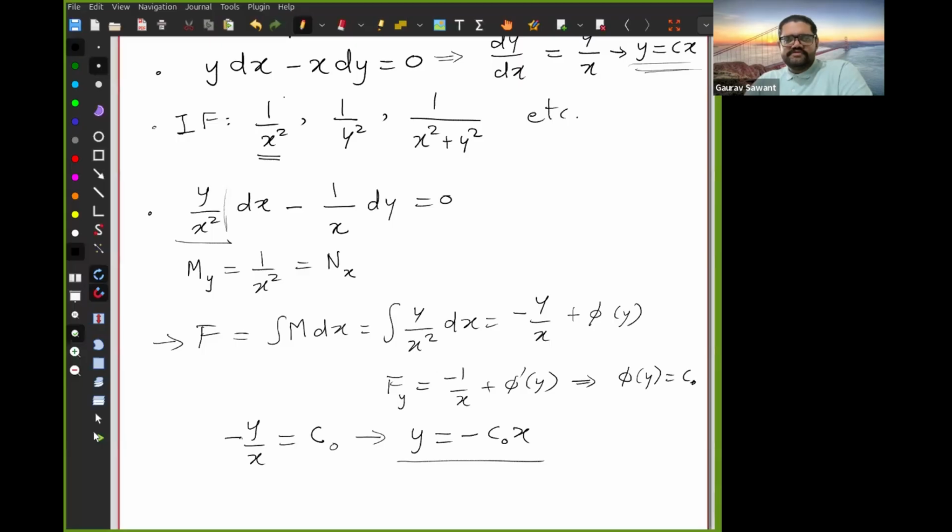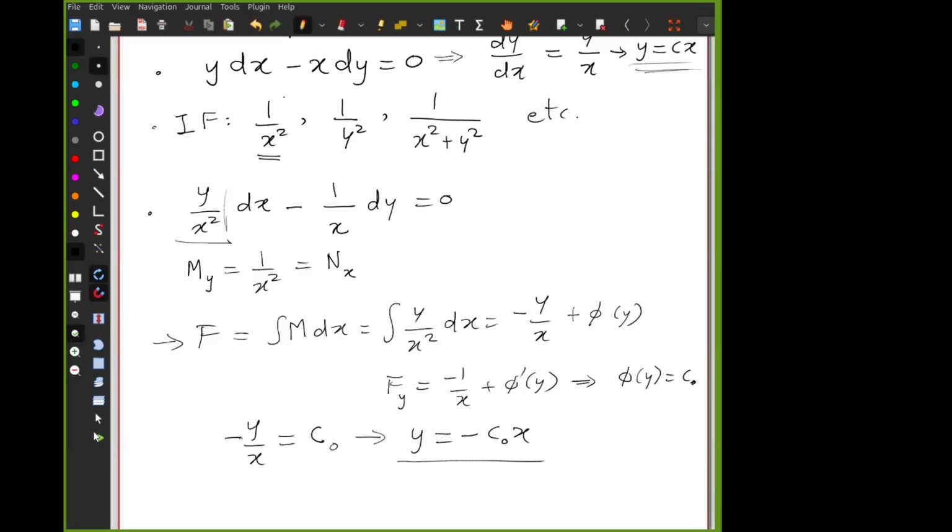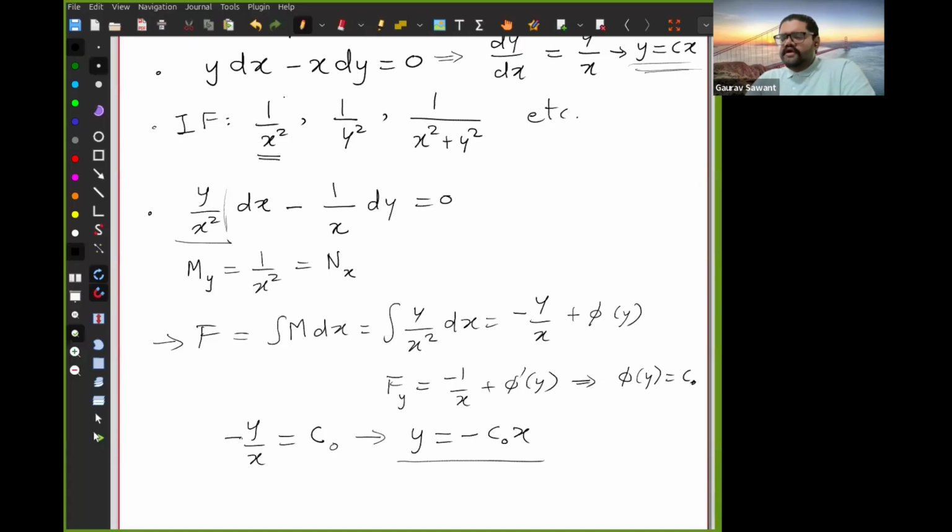Any other questions? Sir, in general can we always get such non-unique integrating factors? Uniqueness is not there typically. You can have different ways, but of course some ways can be way too unwieldy.